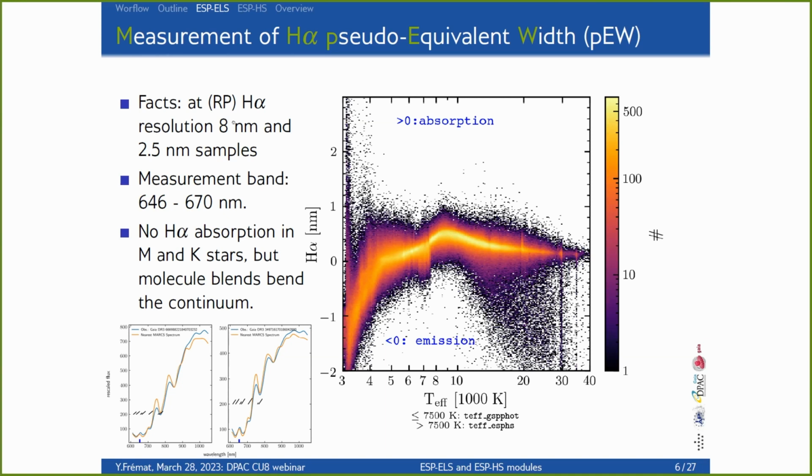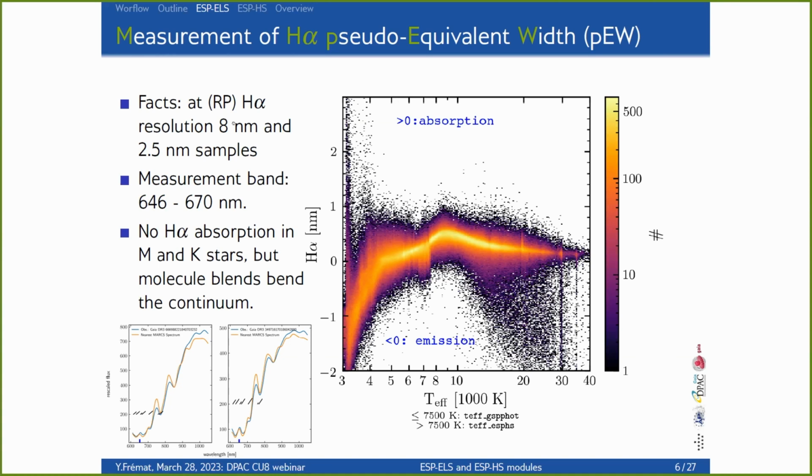So all this information is spread over a certain number of wavelength samples, and of course it limits the accuracy of the measurement of H-alpha we can achieve with this sort of technique.